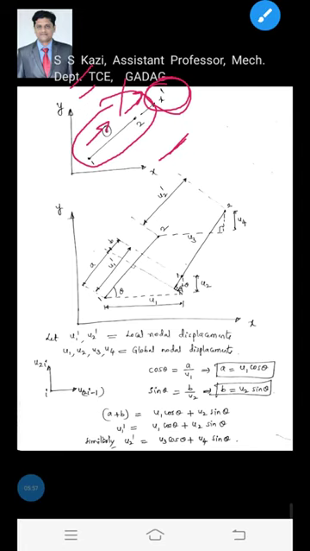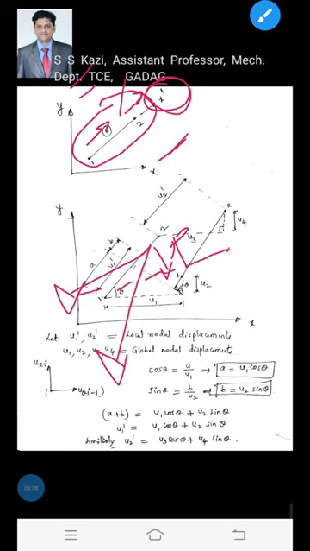For example, we took the example of a 2 bar truss. Due to this load P applied, it is going to deform like this. Node 2 will attain the new position like this. Along the element, the deformation will be like this.